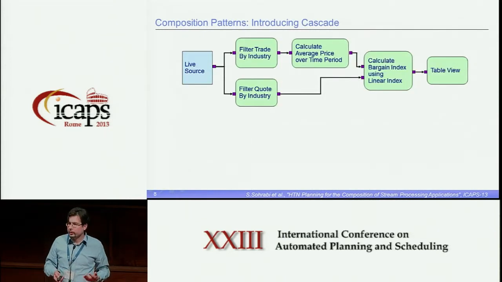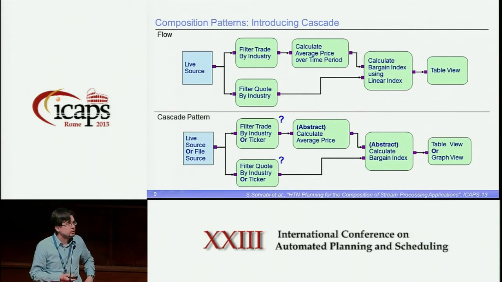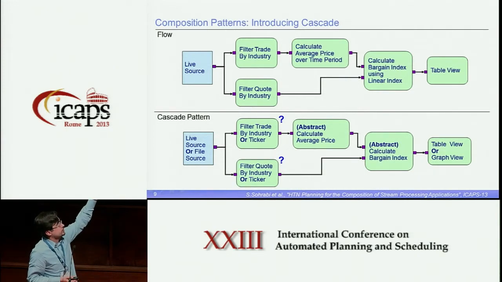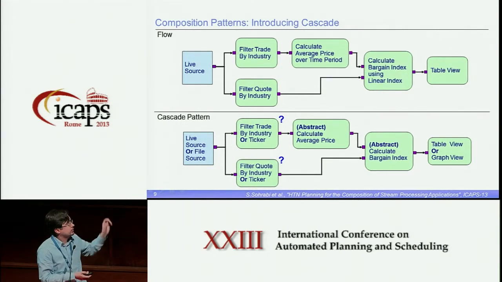So how do the domain experts specify their composition templates? This is the approach we developed for them. It's designed to be friendly to software developers, so it would not look like PDDL or anything like this. Essentially, we allow the developers to generalize the application they have by specifying some choice points, different points on the graph. So the question marks here indicate that certain nodes are optional in the graph.